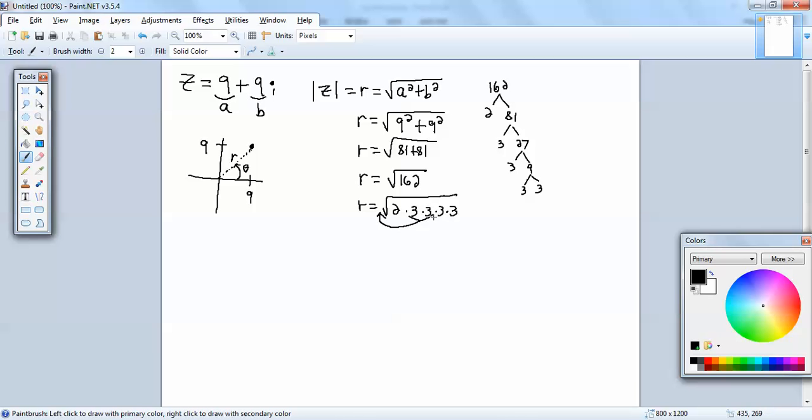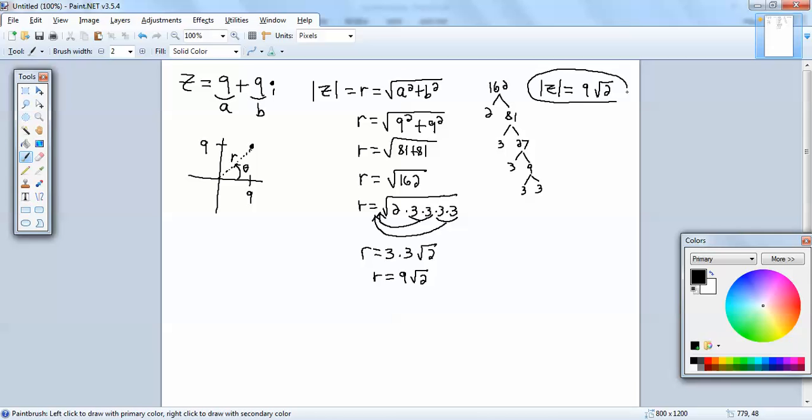Here's another pair of 3s, so they're going to come out in front as a single 3. So we got r is equal to 3 times 3 square root of 2, or r is equal to 9 square root of 2. So one of the things they're asking you to find is the modulus of z. It looks like the absolute value, but that's modulus when referring to working with numbers of this form. And that's 9 square root of 2.